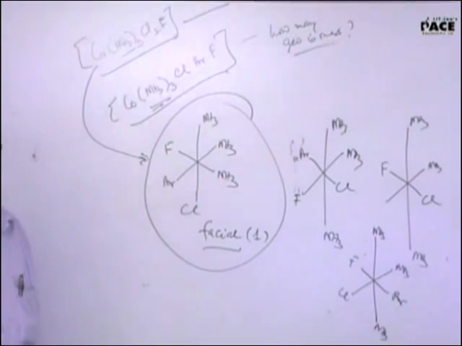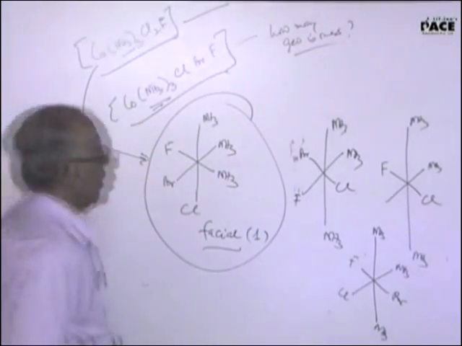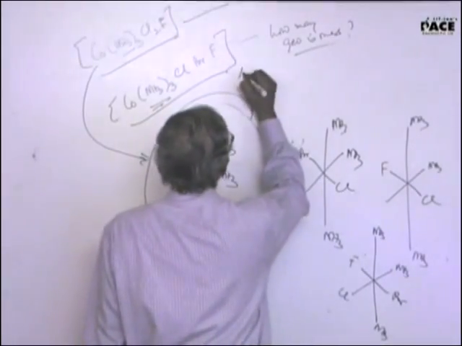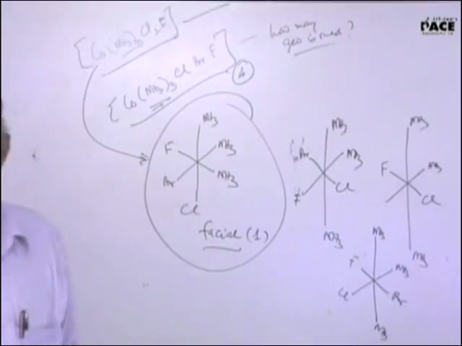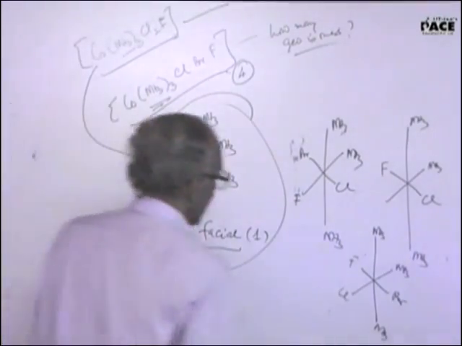But meridional will give you 3 isomers. So the total number of isomers will be 4. Okay? Yes.